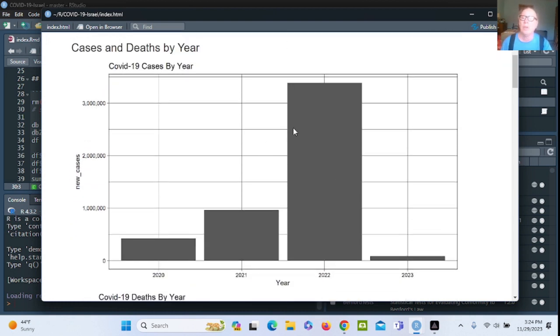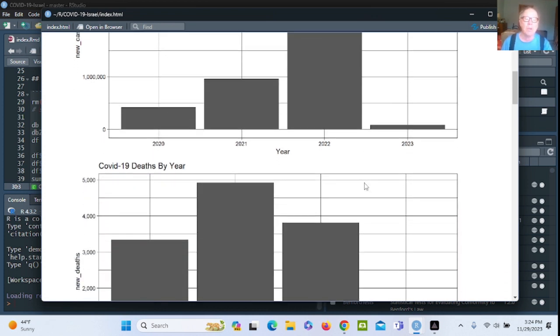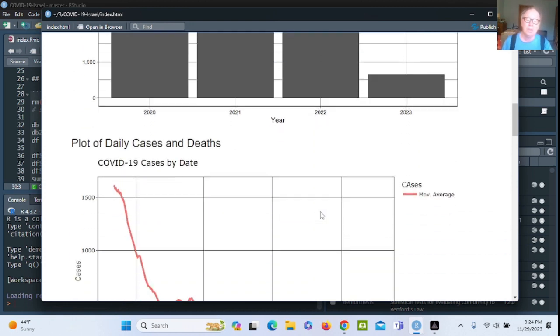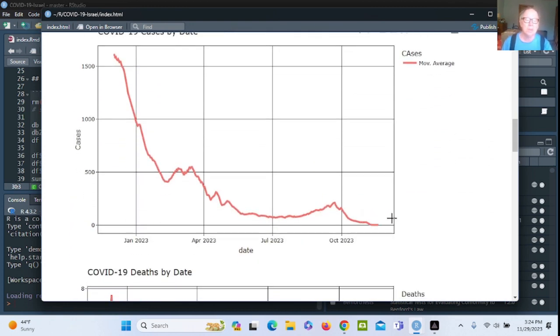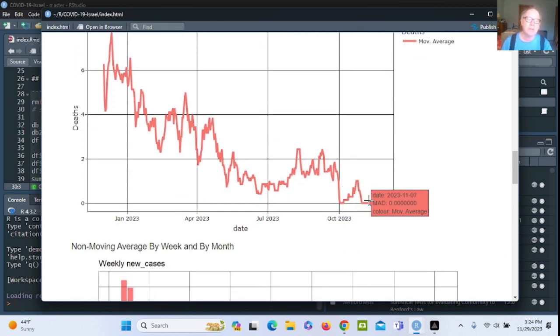You can see in 2022 they had over 3 million cases, and deaths again about 3,500 for 2022. Well, they must still be recording because we still see daily numbers here. Okay, but you can see a nice big long declining pattern for both cases and deaths.